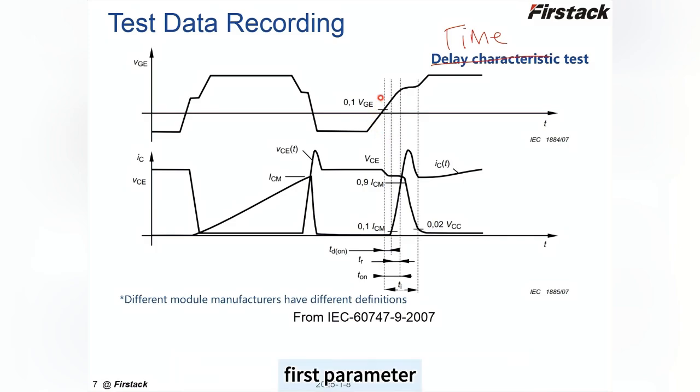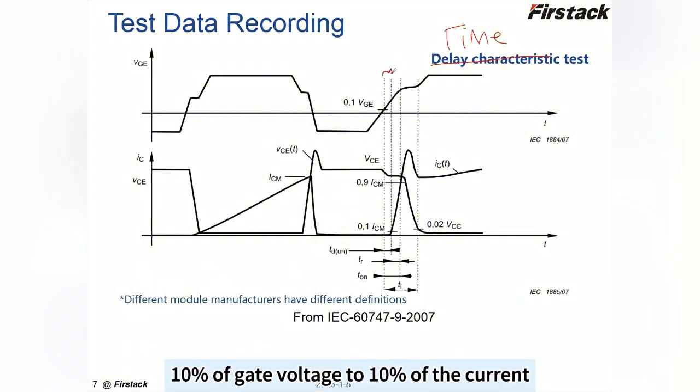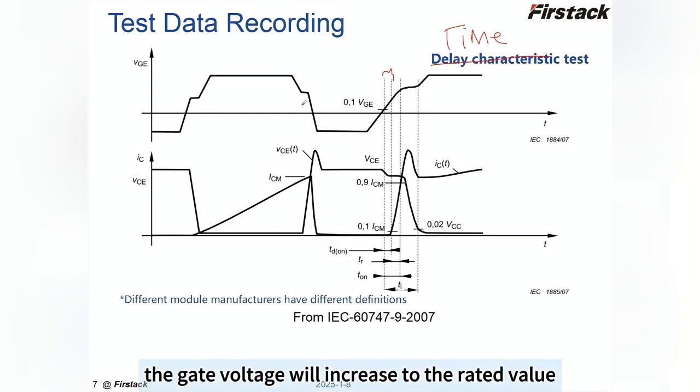The first time parameter we want to read is TD on, the turn on delay time, which is the time duration between 10% of the gate voltage and 10% of the current. As we know, the gate voltage will be negative before the IGBT is turned on. After we turn on the IGBT, the gate voltage will increase to the rated value.